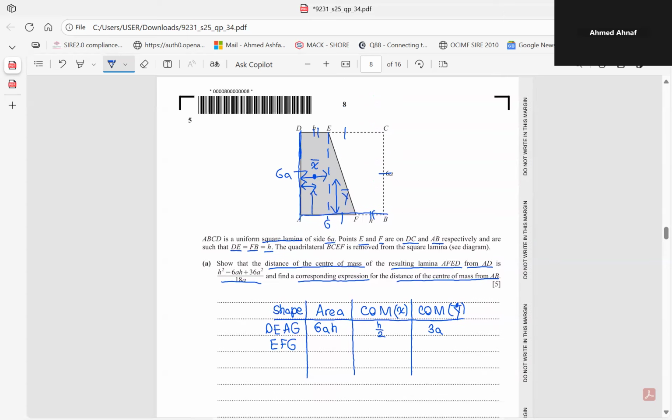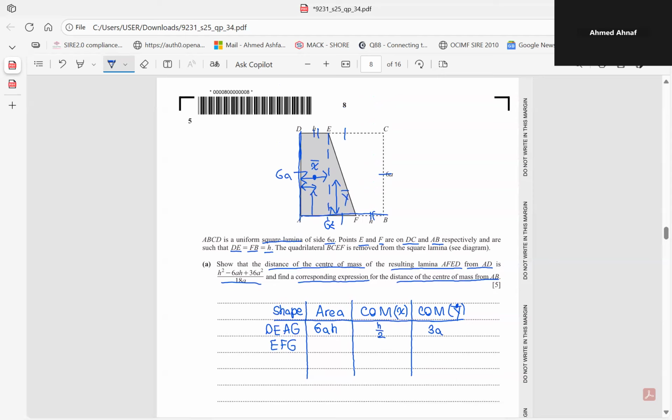Now we're going to find EFG. So the area of this, since it's a right angled triangle, we can let this be the base, GF. So GF, this is H, so 6A minus H minus H, that's minus 2H. And the height is 6A. So half times base times height.